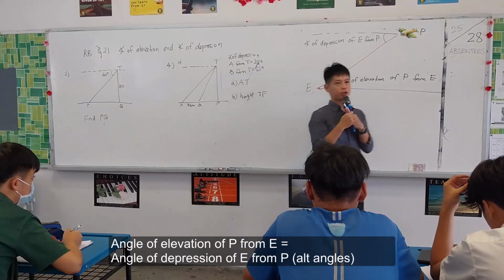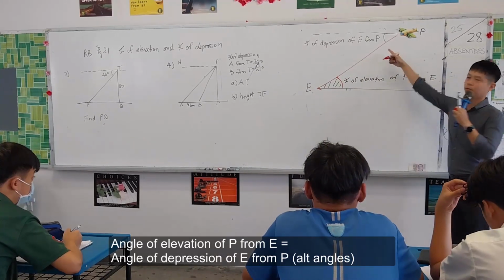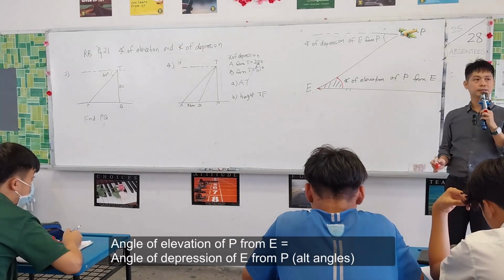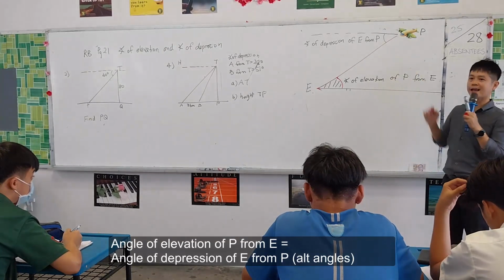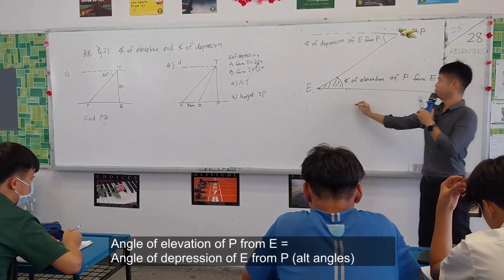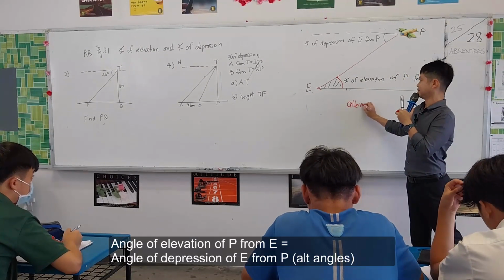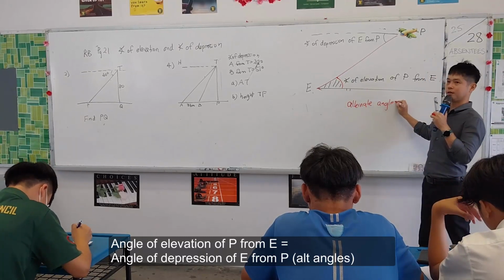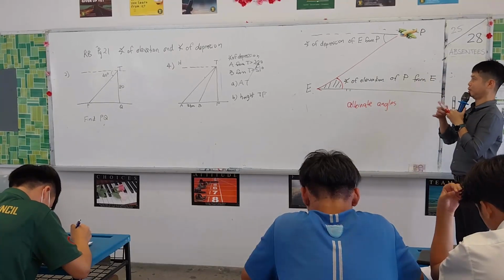Now there's something very special about these two angles. What do you know about these two angles? They are alternate angles. Very good. Because they are alternate angles, these two angles are the same. They are equal.